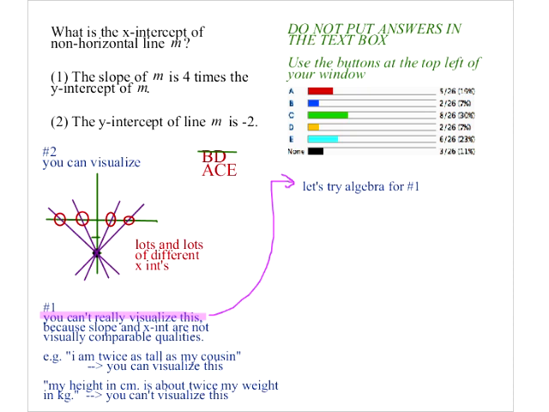Well, notice that they're being really, really nice to you. They're giving you slope, and they're giving you y-intercept. And those are exactly the two quantities that appear in mx plus b. So this is m, this is b.